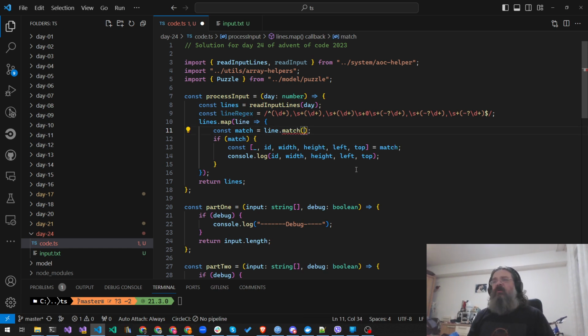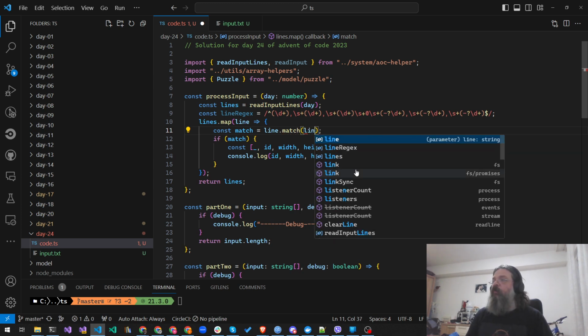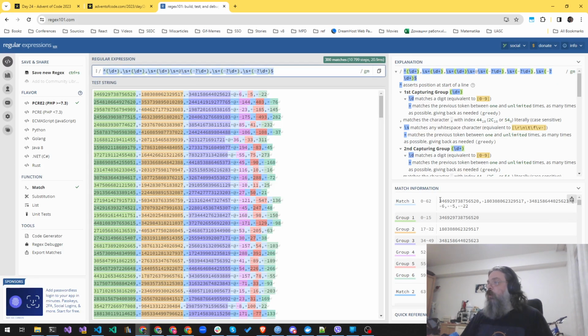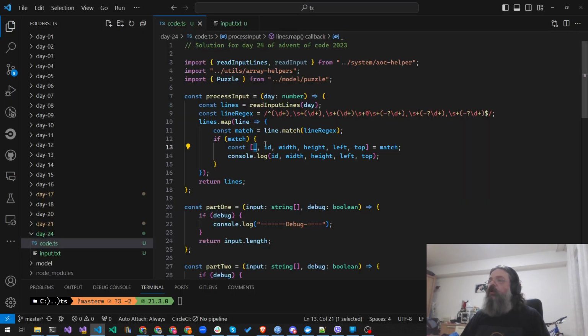To be honest, I don't know why I prefer this one. I think it's connected with the way that exec works, that you can find multiple matches, but in this case, I do not want to find multiple matches, so I'm insisting that it goes this way. So this is a match array. We don't need the complete match. That's the zeroth item. We actually need the groups.